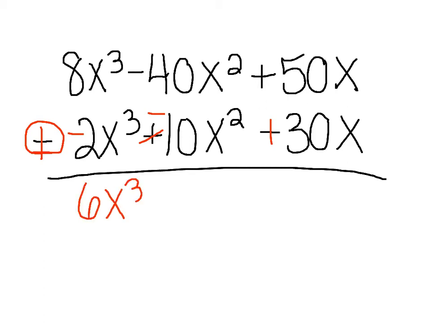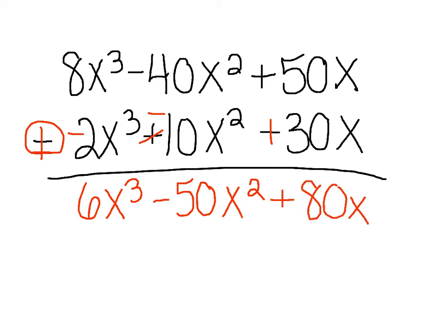Keep the variable, so 6x cubed. Negative 40 plus negative 10 is negative 50x squared. And then 50 plus 30 is plus 80x. I think the vertical form, it's easy to line up. You don't miss any terms. But again, it's all a matter of preference, whichever form you like better.